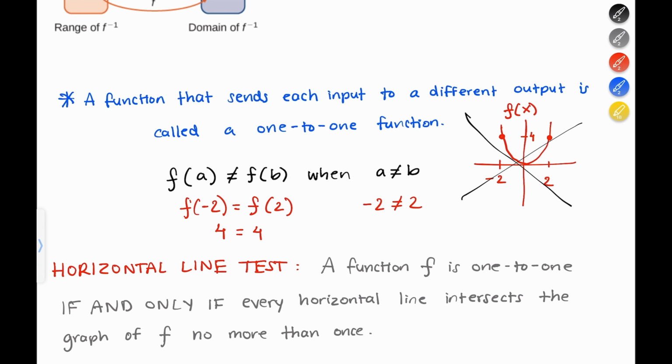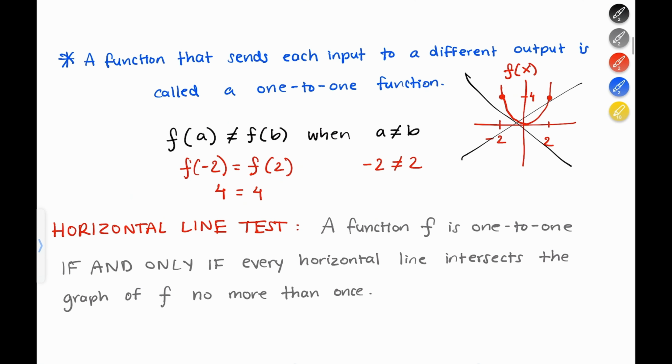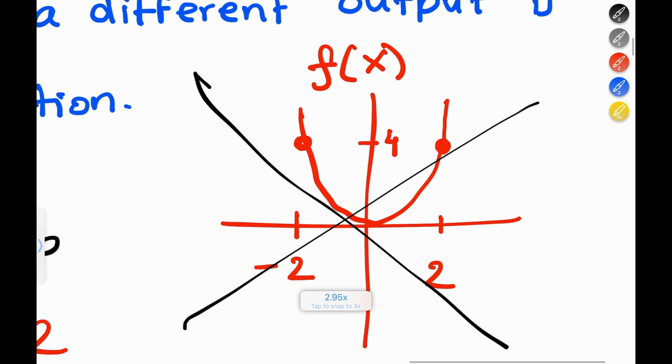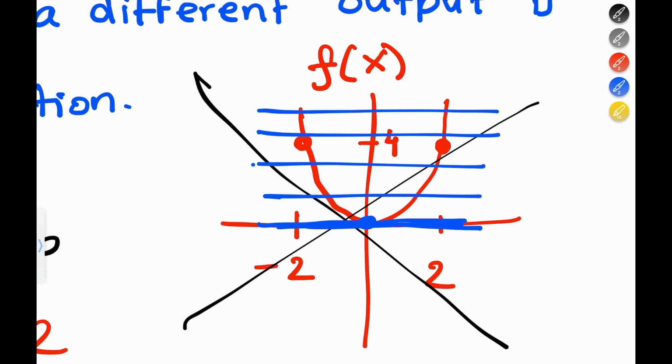A good way to know if a function is one-to-one is if it passes the horizontal line test. A function is one-to-one if and only if every horizontal line intersects the graph of f no more than once. If we were to draw a horizontal line across this parabola, it might work for this line over here because it only intersects 0, but any other line would intersect twice.